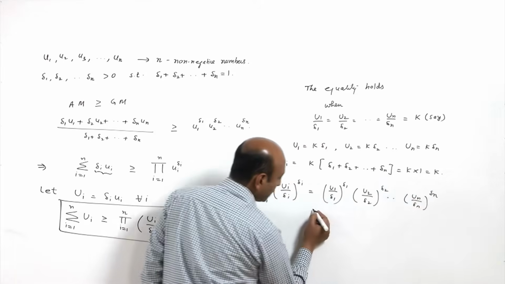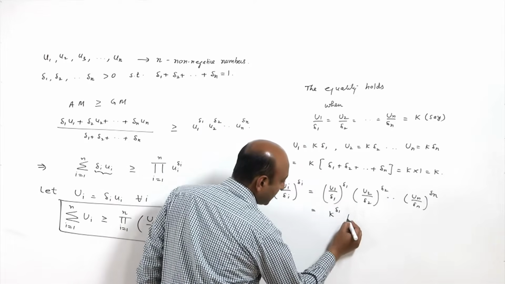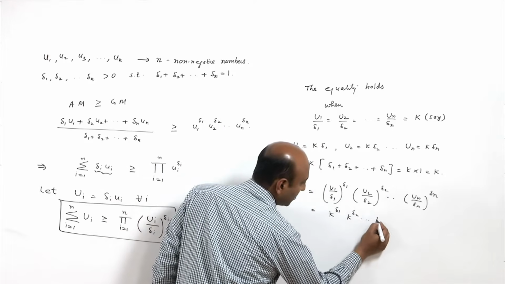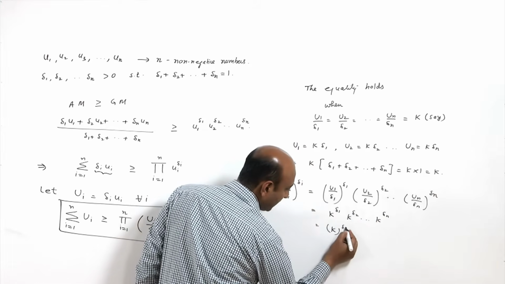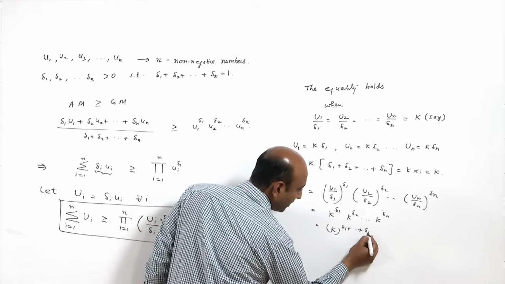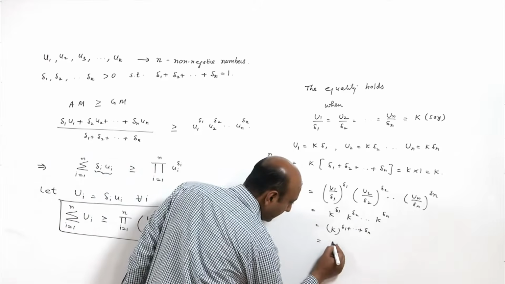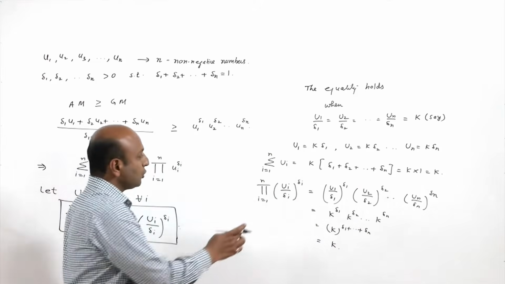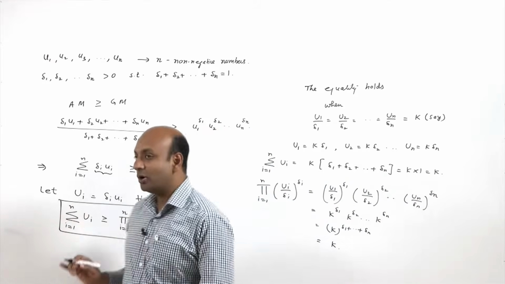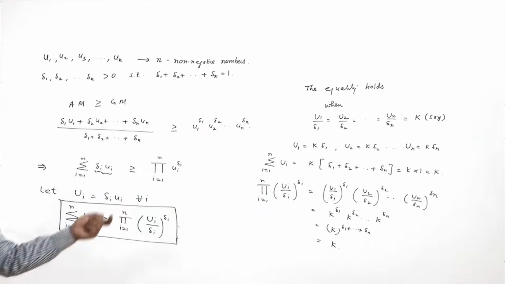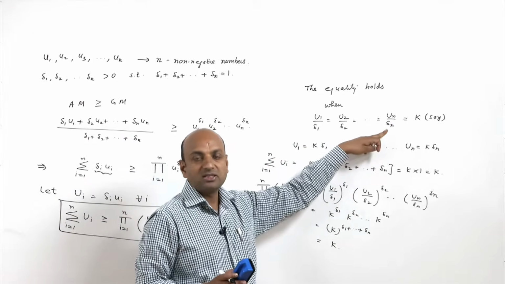So, it is k raised to power delta 1, k raised to power delta 2 and so on, k raised to power delta n, which is k raised to power delta 1 plus delta 2 up to delta n, and sum of delta i is 1. So, it is k. So, this is also k and this is also k. So, equality holds when u1 upon delta 1 is equal to u2 upon delta 2 equal to un upon delta n. This we can easily say.